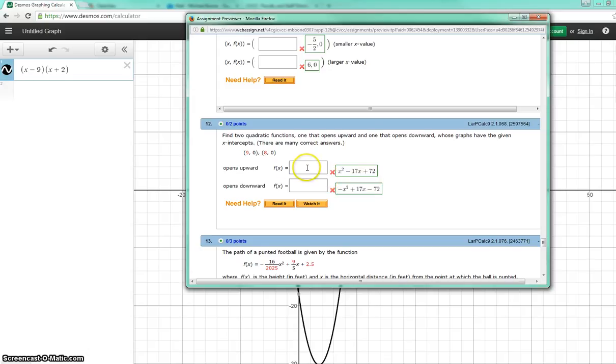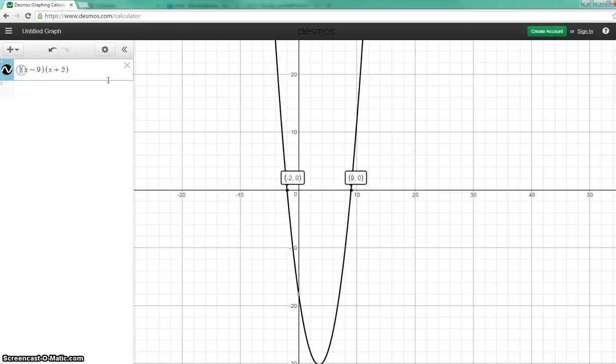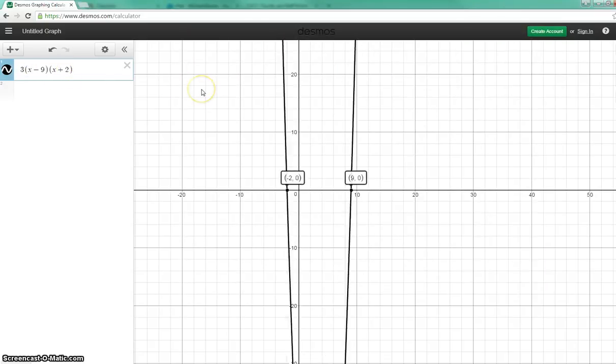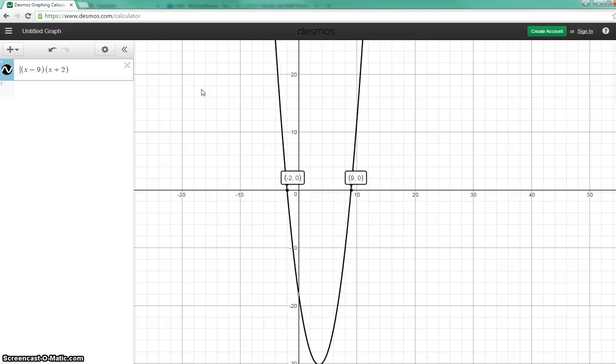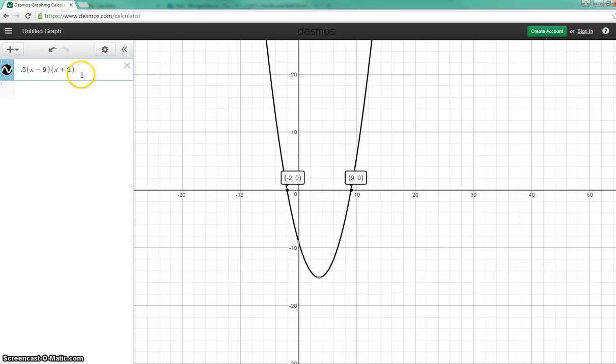But again, there are infinitely many solutions, because all I would have to do is come back here and say 3 times that, still has those solutions. 0.5 times that, still has those solutions. As long as it has that x minus 9, and if I had a negative 2 solution, I changed it to x plus 2, that product would give us a quadratic equation with those specific zeros.